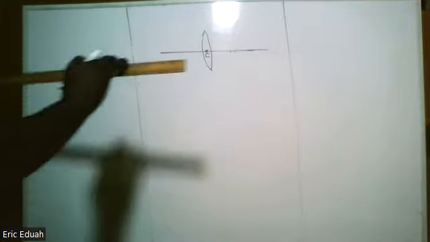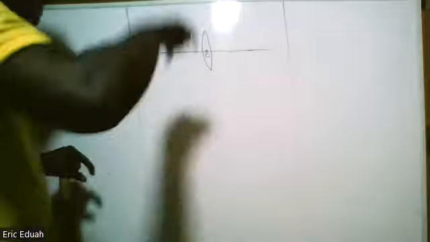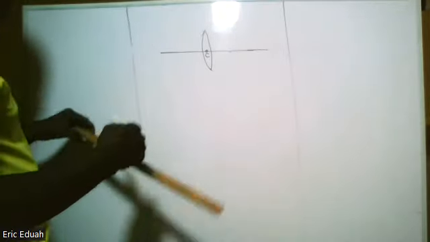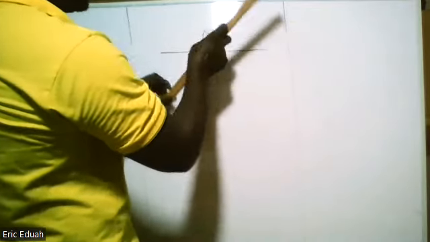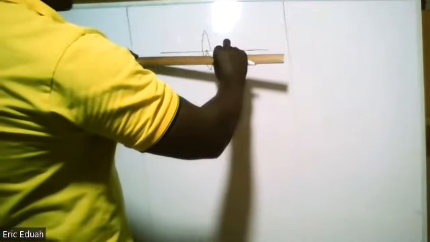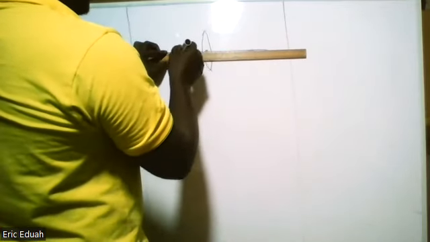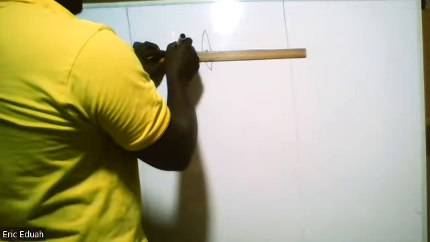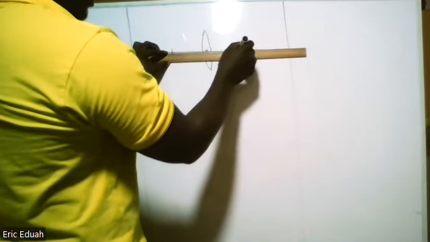Let's assume a focal length. I'm assuming that the focal length is not something so huge, but I'll take about 10 centimeters. So this is 30, 40 is here. This is where 20 is.